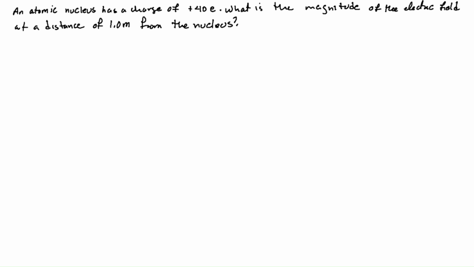This one is a very easy exercise, right? Because basically we have a positive nucleus here with a charge of plus 40 E, so 40 times the charge of the electron. And then we have one point over here, and this point is separated at a distance of 1.0 meter from the nucleus.